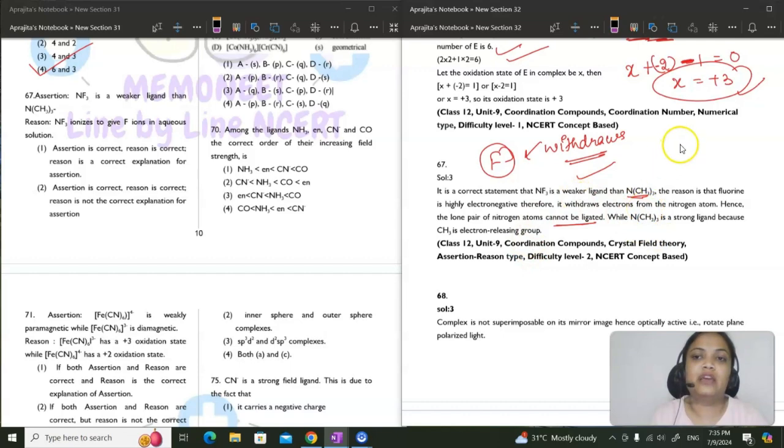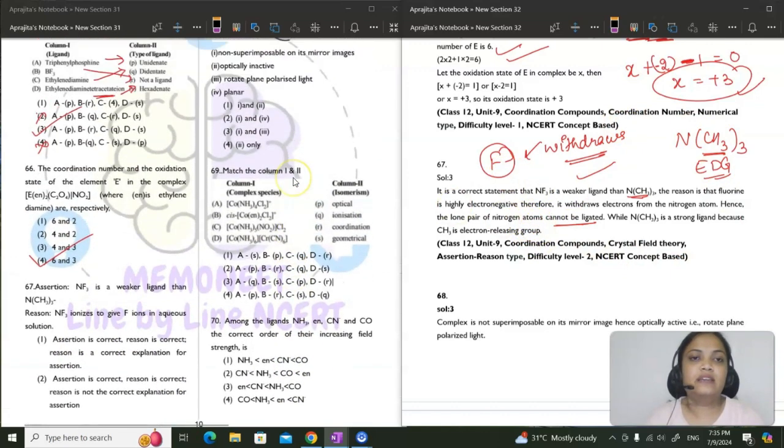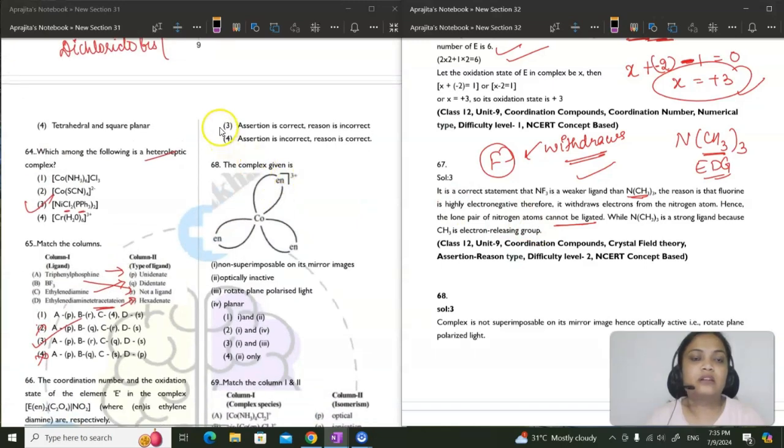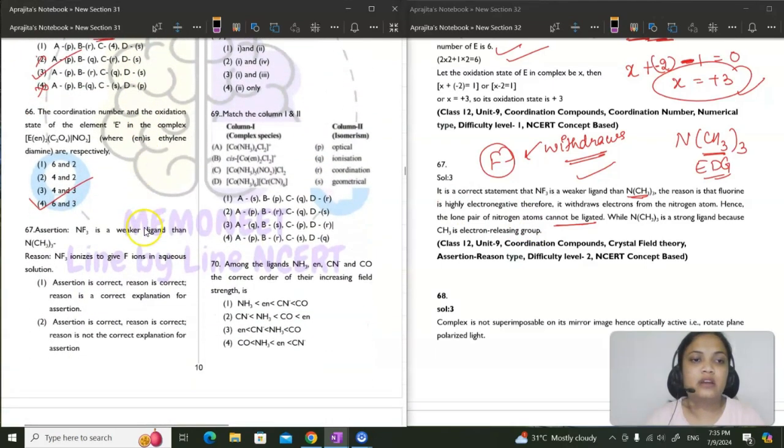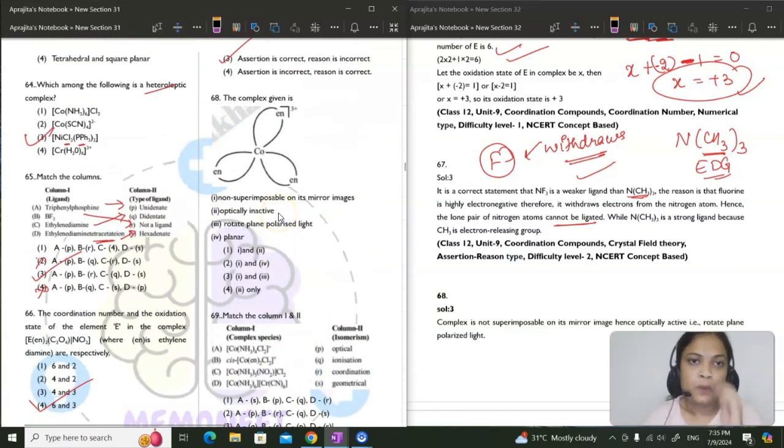While N(CH3)3 is a strong ligand because there are 3 CH3 groups attached, and CH3 is an electron donating group. So they will increase the electron density on the nitrogen and it will be easy for nitrogen to donate the electrons. So in this case, the answer is assertion is correct, reason is incorrect because NF3 will not ionize in this case. Okay.